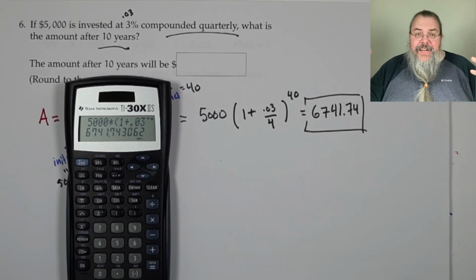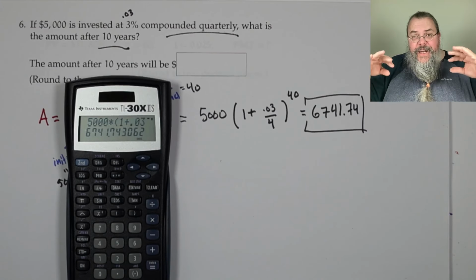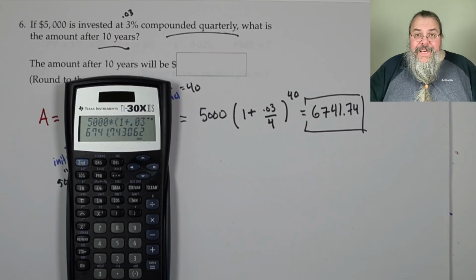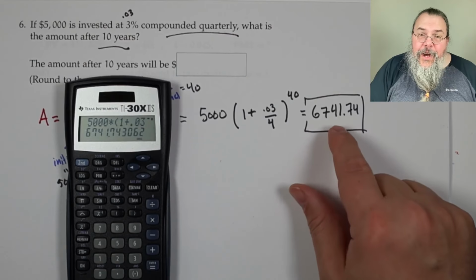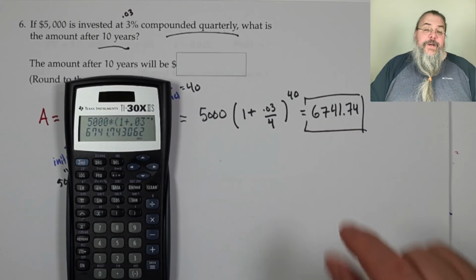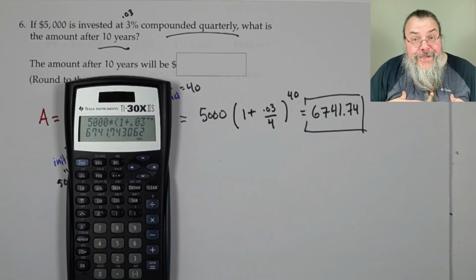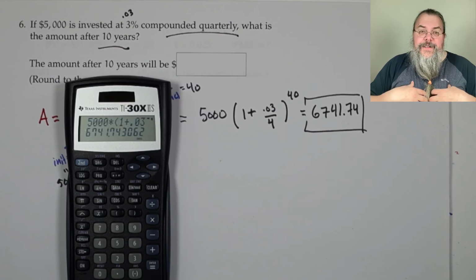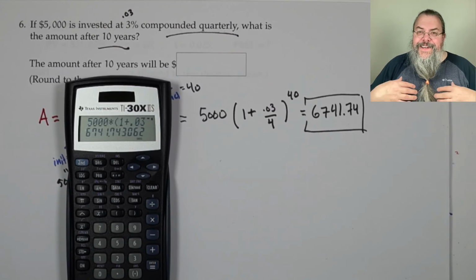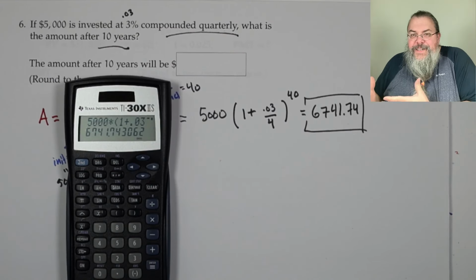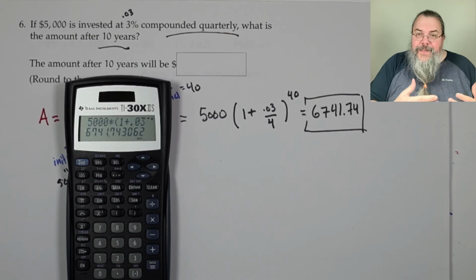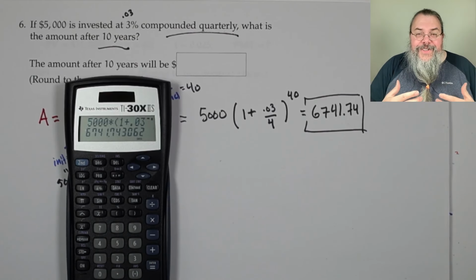If you multiply it by 10, that's like 1,500. So we should have 6,500 plus a little bit. So this is a reasonable answer. If we got like 20,000, it's like, whoa, wait a second. That's too good to be true. Or if we got something below 5,000, like, wait, hold on. How can I make an investment and lose money? That's not how interest works.